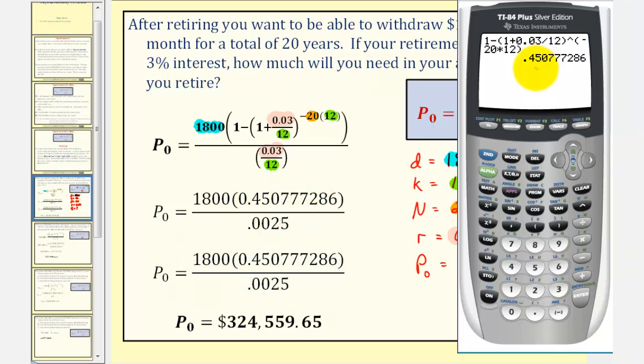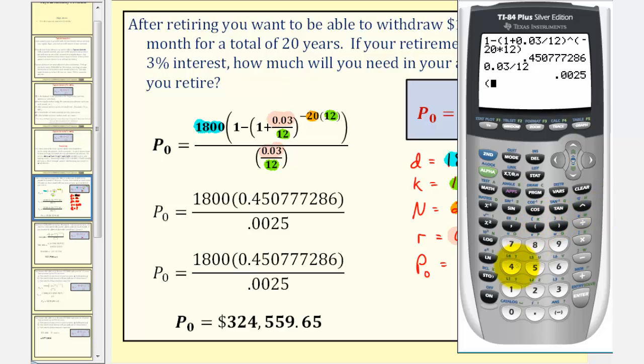We could round to 3 significant digits, but again, the more decimal places we use, the more accurate our answer. And our denominator is going to be 0.03 divided by 12, which is 0.0025.